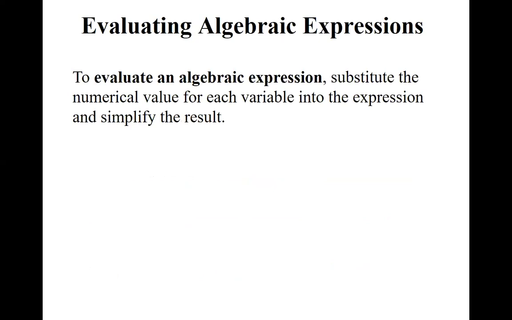If we were to evaluate an algebraic expression, we'd be substituting a numerical value for each variable into the expression and simplifying the results. So we're given values for X, values for Y, values for Z, values for S, values for T. And we substitute them in and then do the operations.